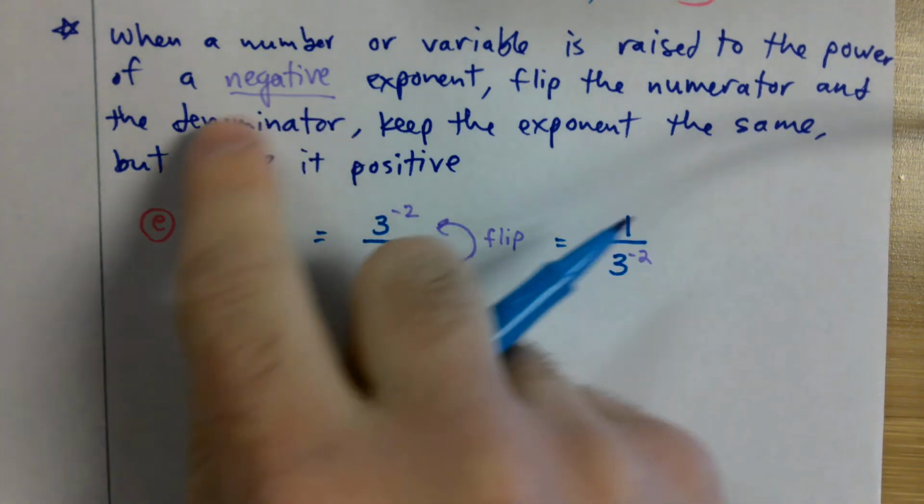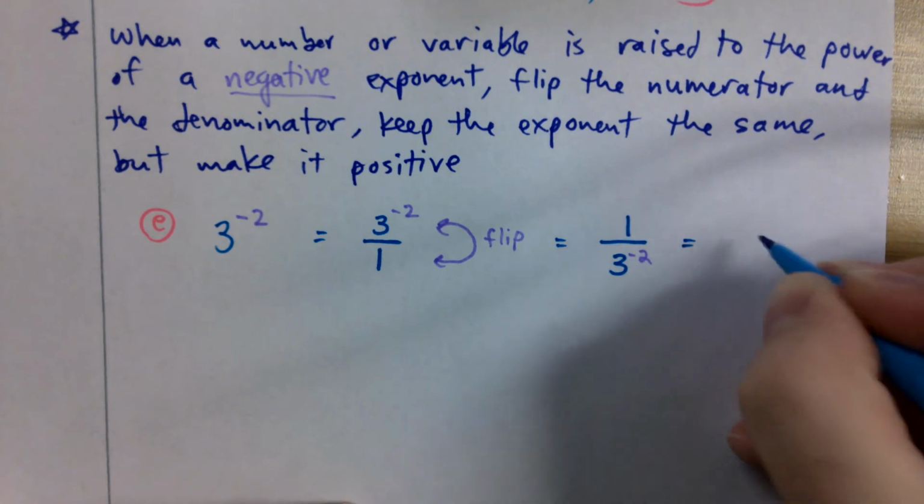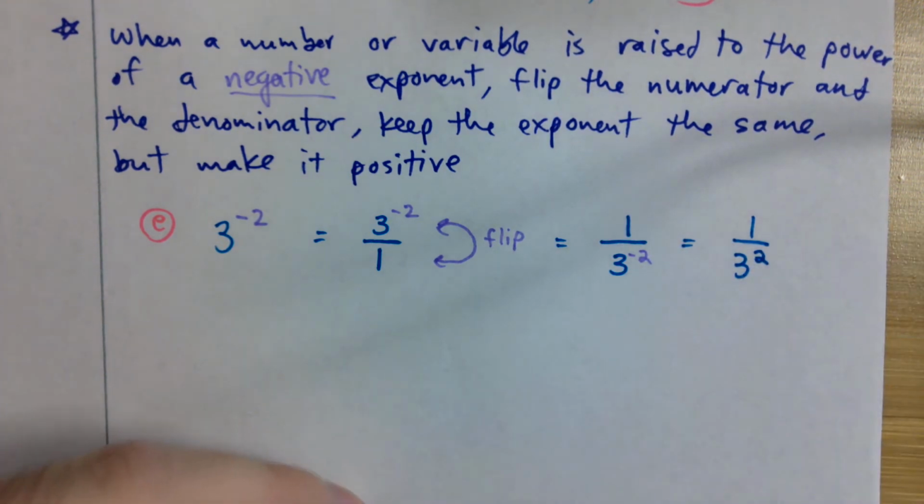And the last thing we have to do is just make our negative exponent positive. 1 over 3 squared. Thumbs up if you're with me so far. Good. I'll give you plenty of time to write and think about this.